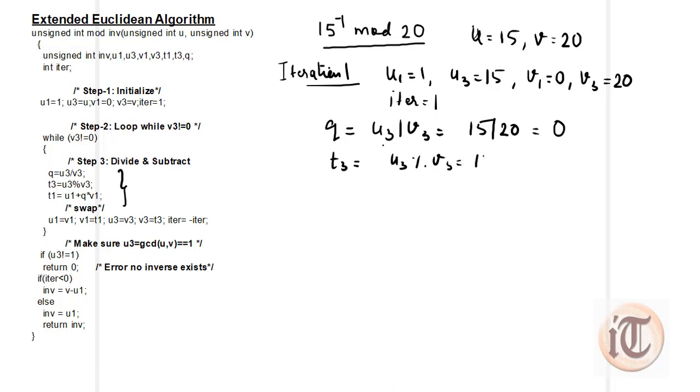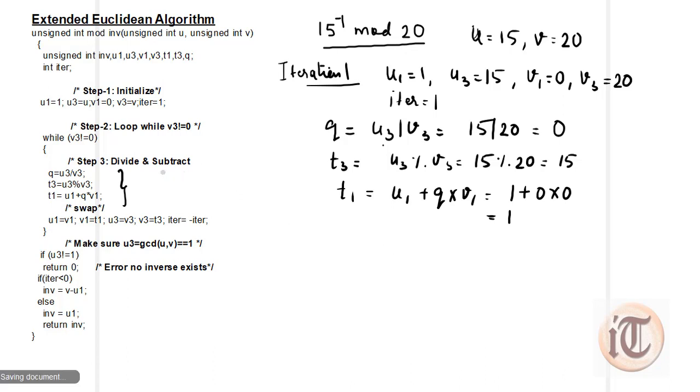So this means 15 mod 20. This gives remainder 15. Now we calculate the value of T1. T1 is u1 plus q into v1. Now we substitute all the values. So this becomes 1 plus 0 into 0. This becomes 1.